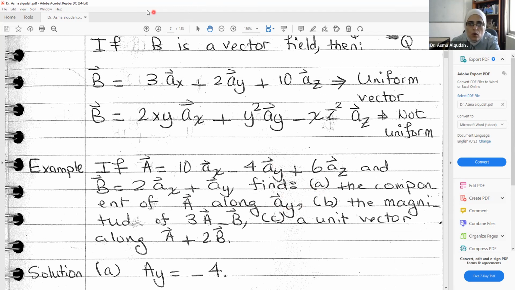Let's go to the whiteboard and do the example there. Example: we have vector A equal to 10, minus 4, 6.